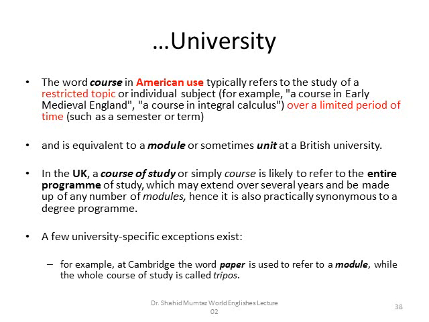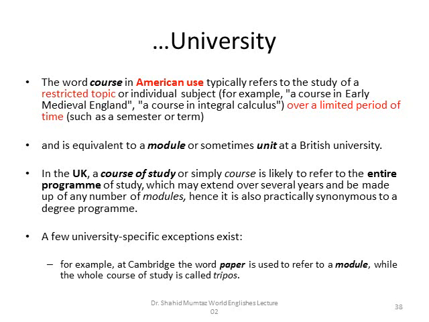It refers to a restricted topic or individual subject, and is equivalent to module or sometimes unit in British English. So in British English you call it module, and in American English you call it a course. In British you call it module or unit, which spreads to a semester or a term.